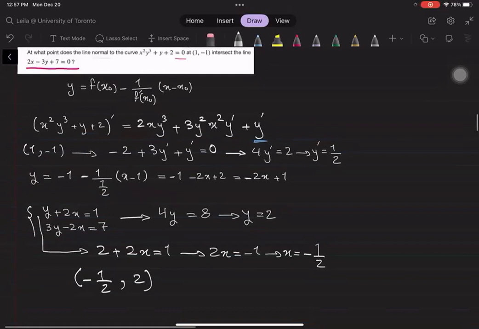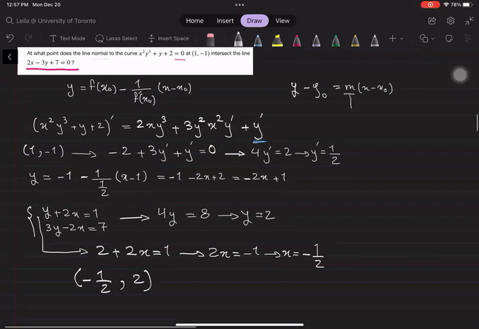No, it's not Newton's method. So you remember when you want to find the equation of the line, you do y minus y0, or take it to the other side plus, and then you have slope times x minus x0. Your slope is usually just your f prime at your initial point, but here, since you want the normal line, you have minus 1 over m.